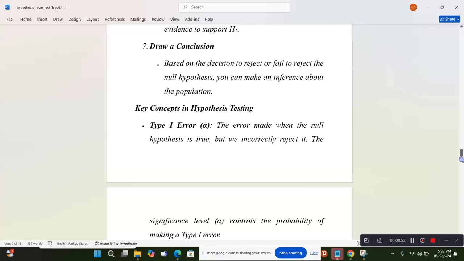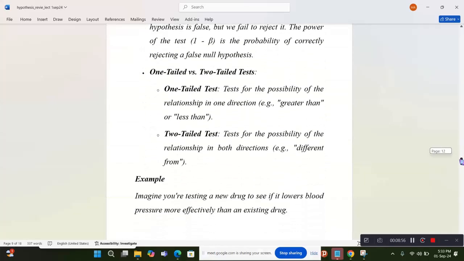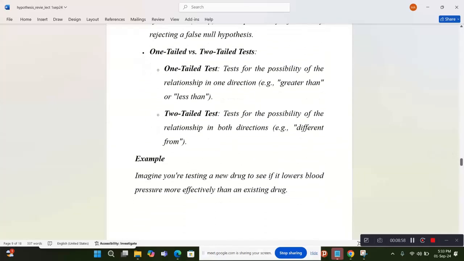On the key concepts, we shall not do much, but what I wanted us to understand is the one-tailed test and the two-tailed test. A one-tailed test tests for the possibility of a relationship in one direction, greater than or less than. A two-tailed test tests for the possibility of a relationship in both directions.